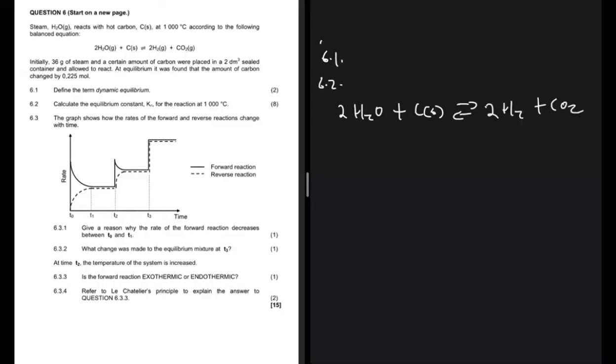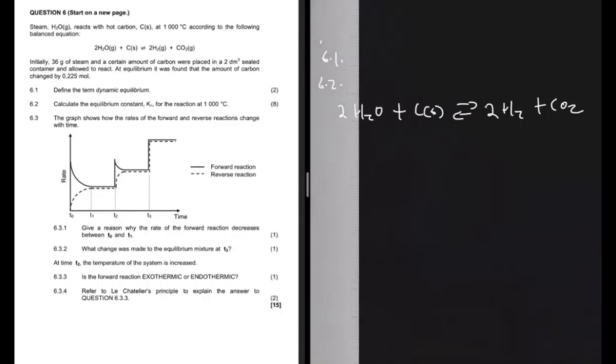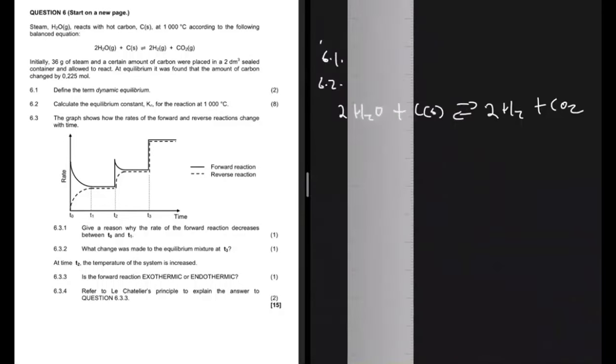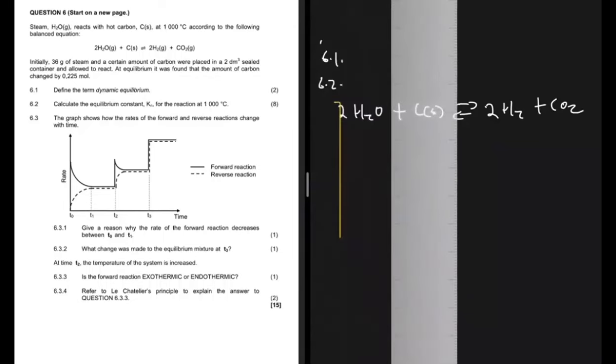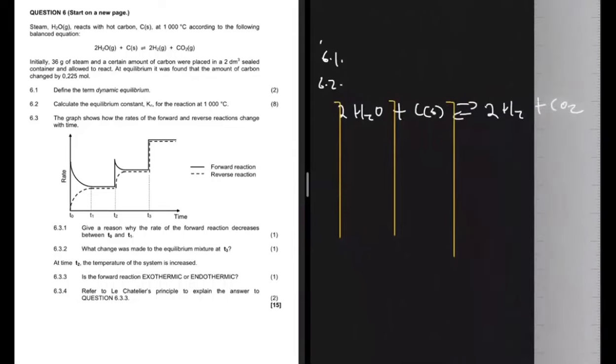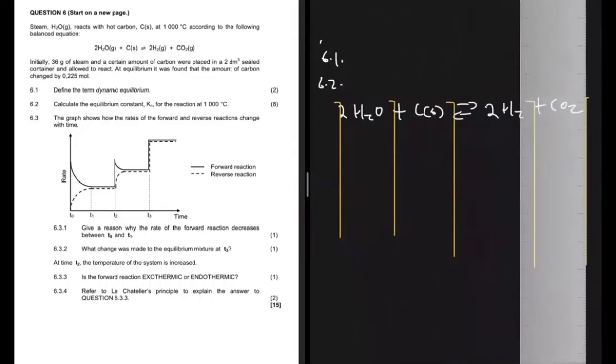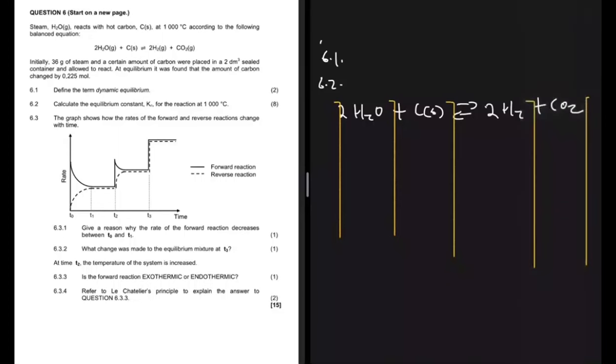So we're going to draw the table I did on the other video. Please, if you haven't watched it, please go watch it. So we have H2O, we have the carbon, we have the hydrogen, and we have the carbon dioxide. So what we're going to have first is the initial number of moles, right?